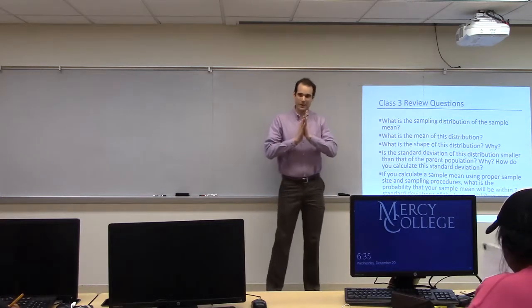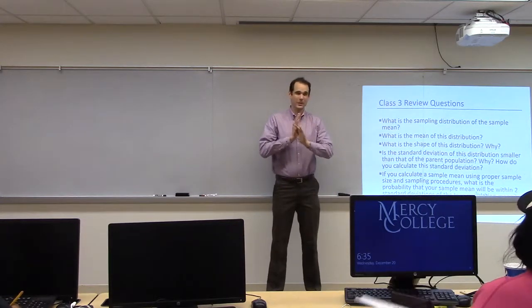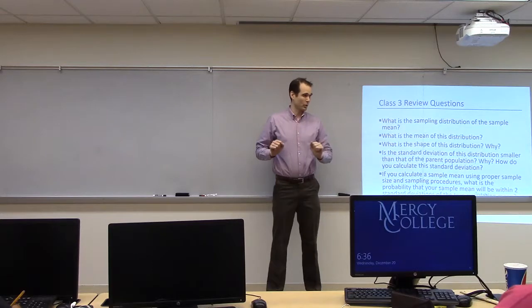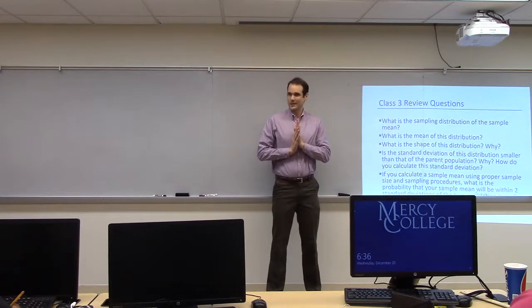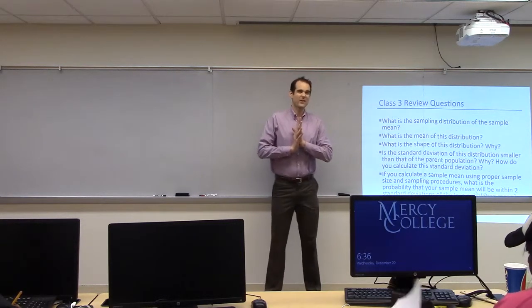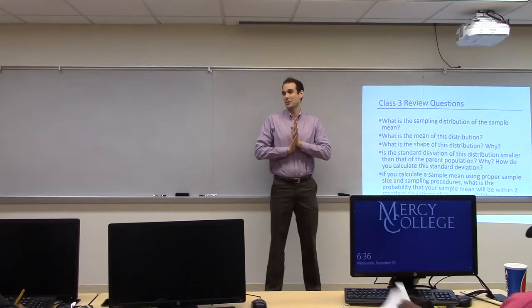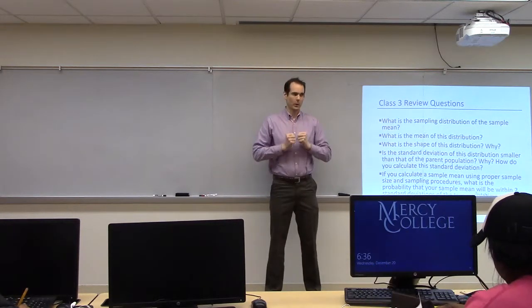So the center point of this distribution, which we know is a perfectly shaped bell curve, normally distributed. The center point, the mean, median, and mode of that is the true population mean. So you're trying to find that true population mean, so you sample for it.